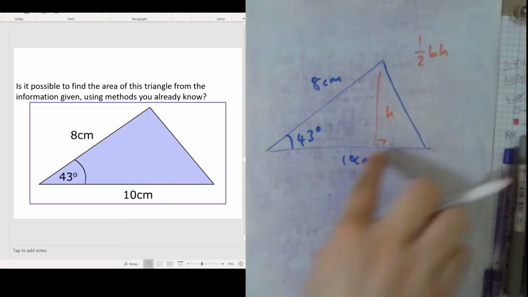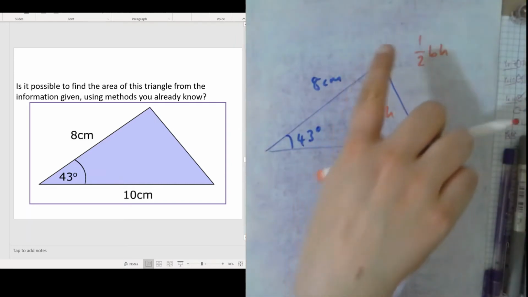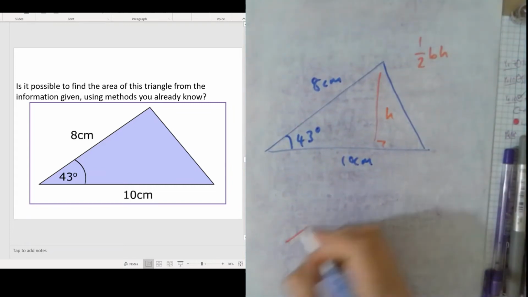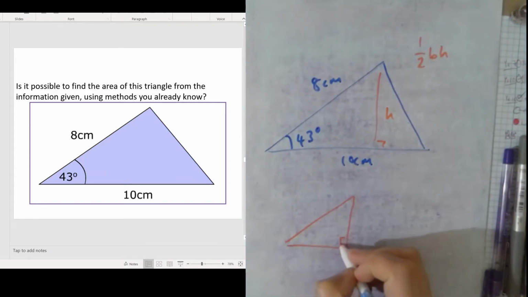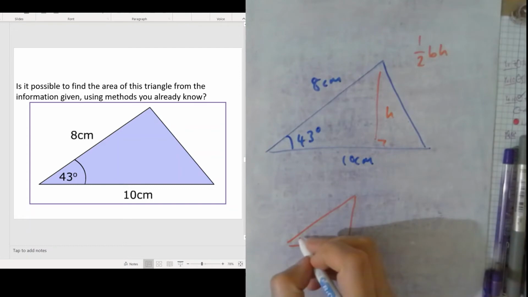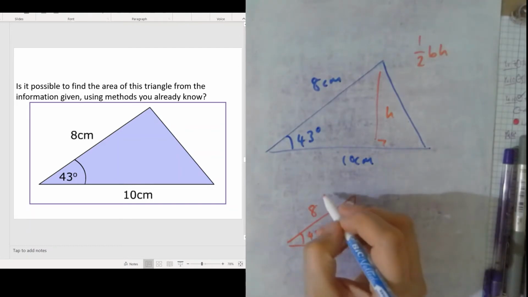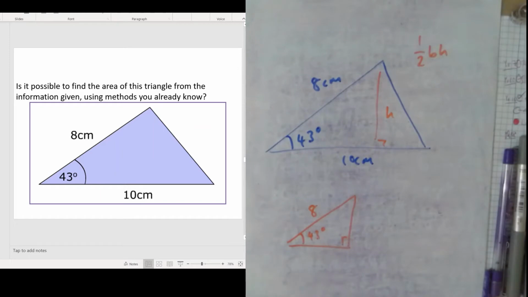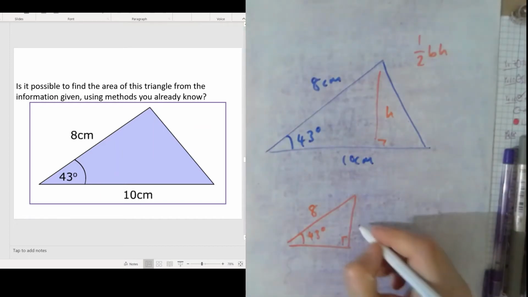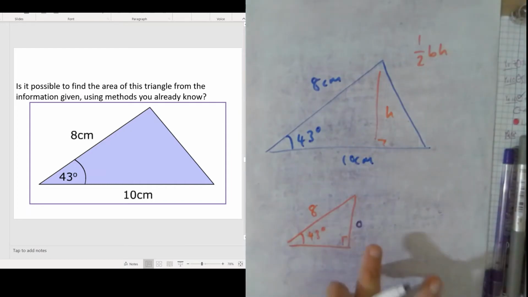If I just use the fact that this is a right angle triangle, I would say, well, this is my angle of 43 degrees. This is my hypotenuse, right? So we're just using basic trig here. And this is my opposite. So hopefully you guys have seen, that's sine.